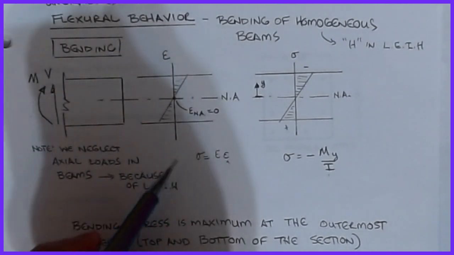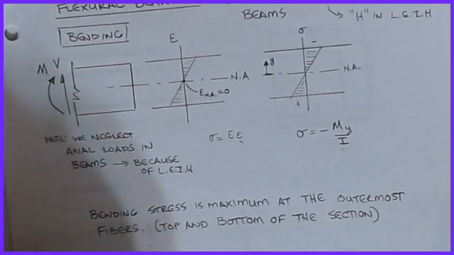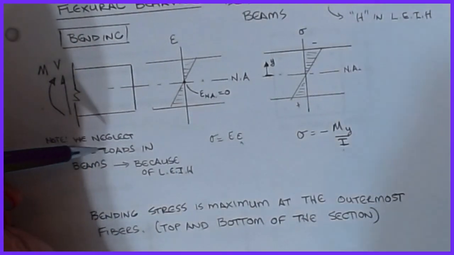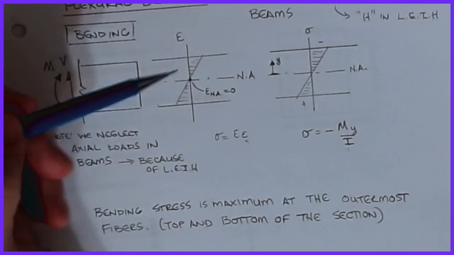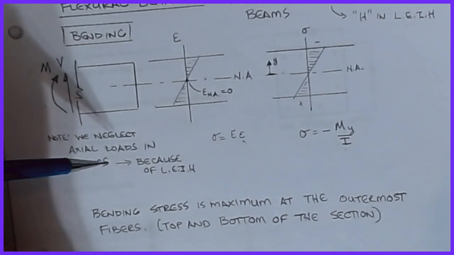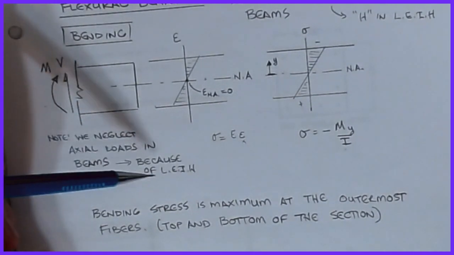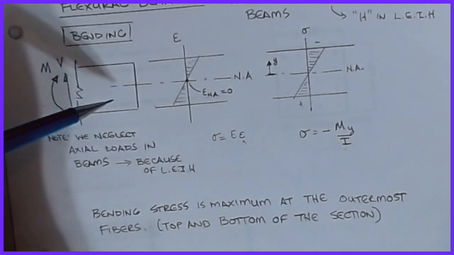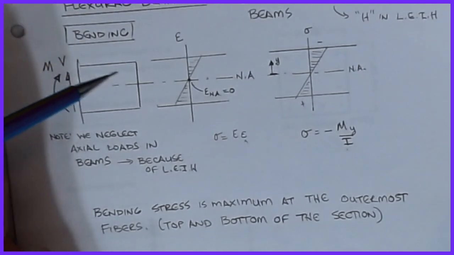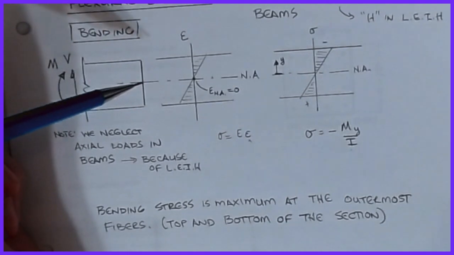We'll take advantage of that as well. Again, for beams, one thing we want to point out is that we're going to neglect axial loads in beams, generally because of this LEIH idea that the strains that come as a result of the moment are going to be so much more significant than the strains that come out of a normal axial loaded flexural member.